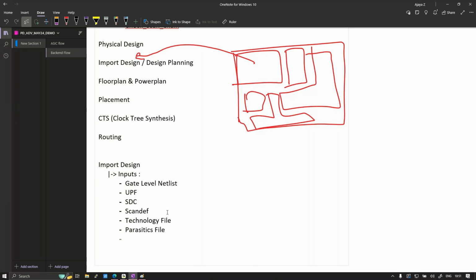Okay, so I'll just complete this input, then we'll take a break. So parasitics file, and next, what else? Did we provide the definitions of that particular gates or macros? In the gate level netlist, we have it present, right?